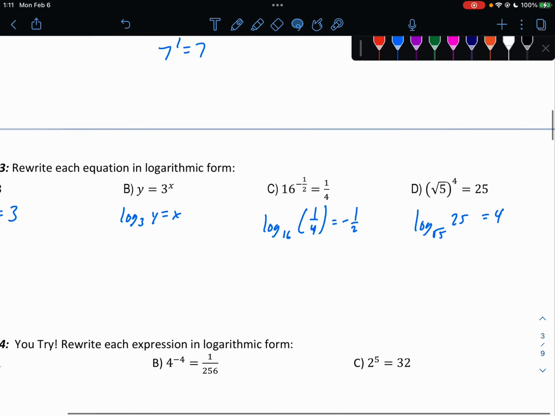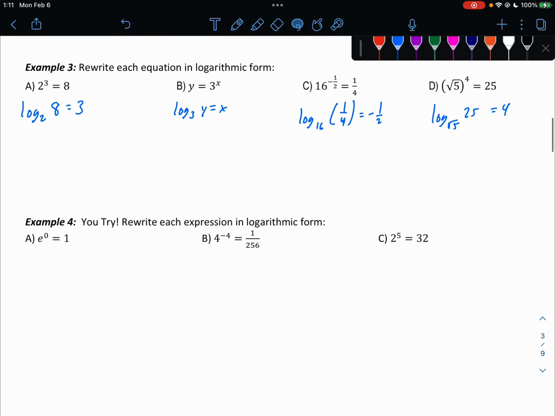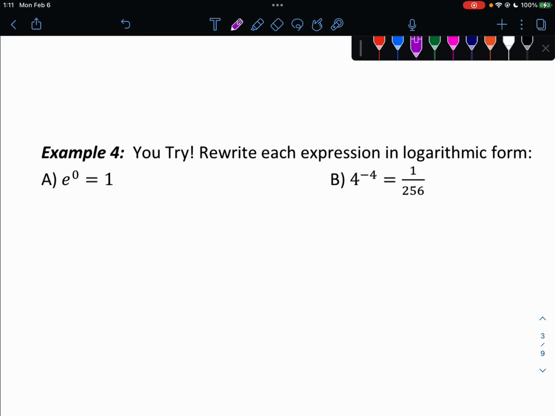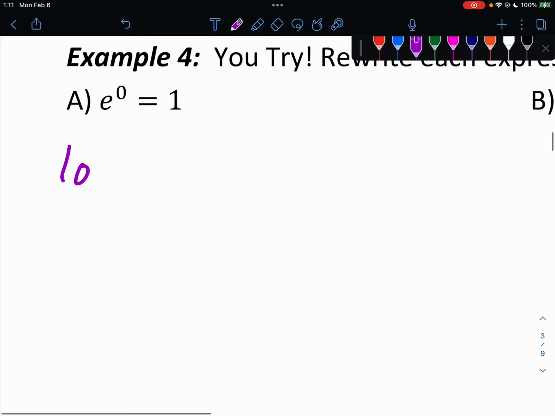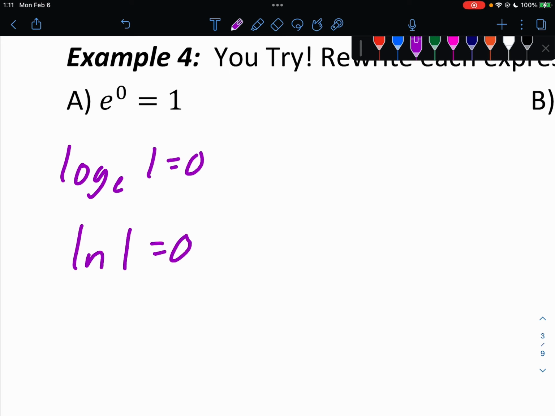All right, so once again, I would suggest you pause this video, try example 4 on your own. Come back and check when ready. So you might have written this for the first one, but remember log base e means this. So ln of 1 equals 0.